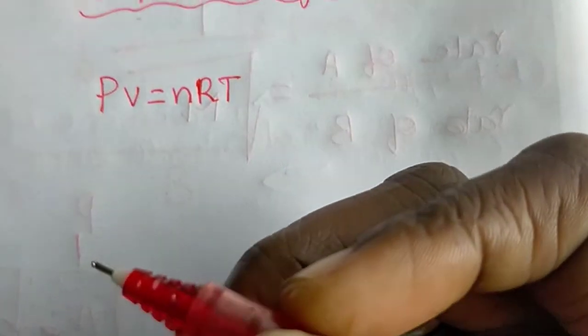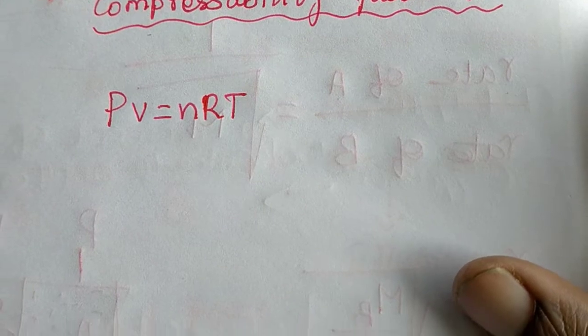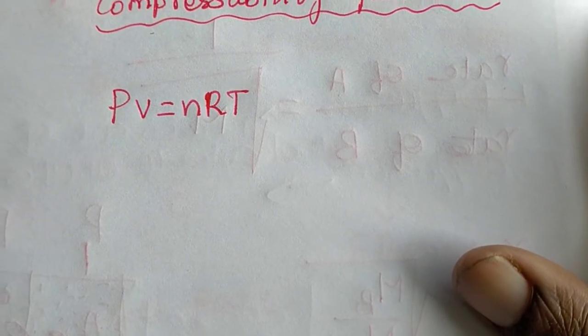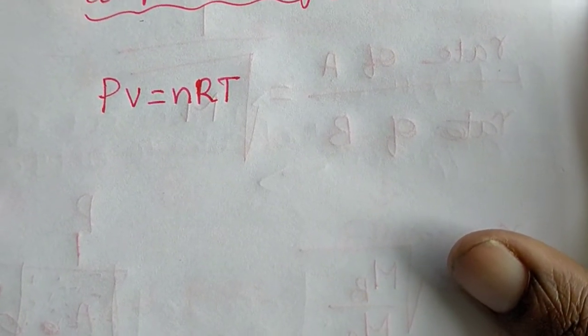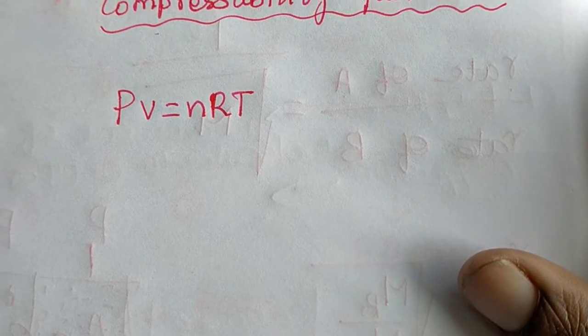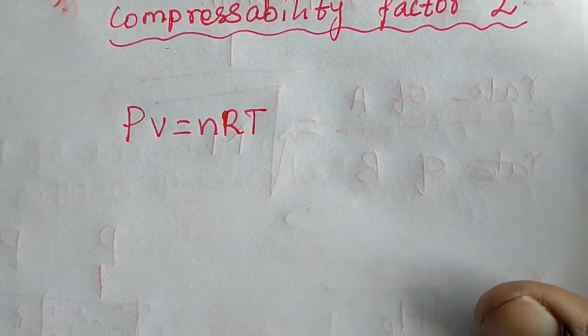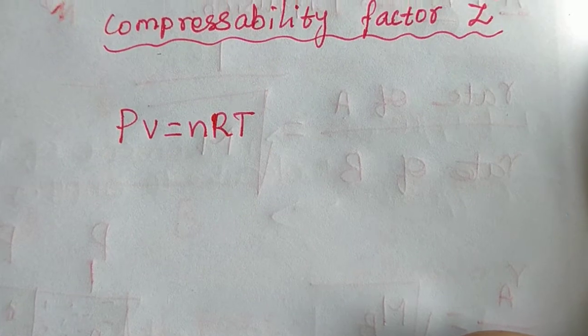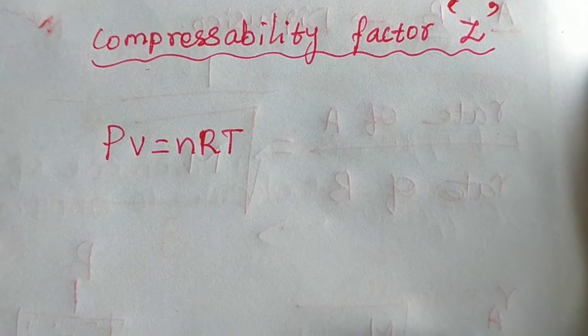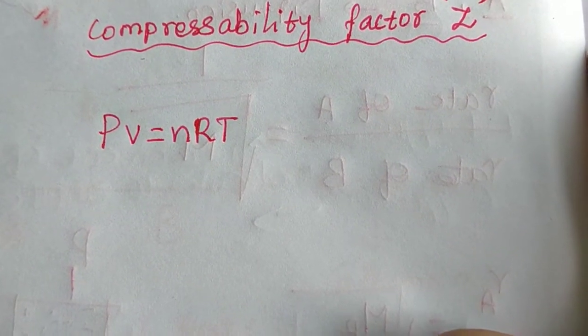In the previous class, we discussed deviation from ideal gas behavior within real gases. You know what conditions undergo ideal gas behavior, and what is a real gas.